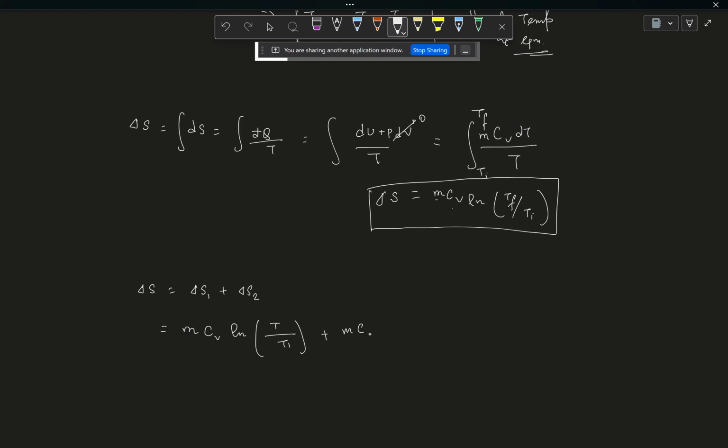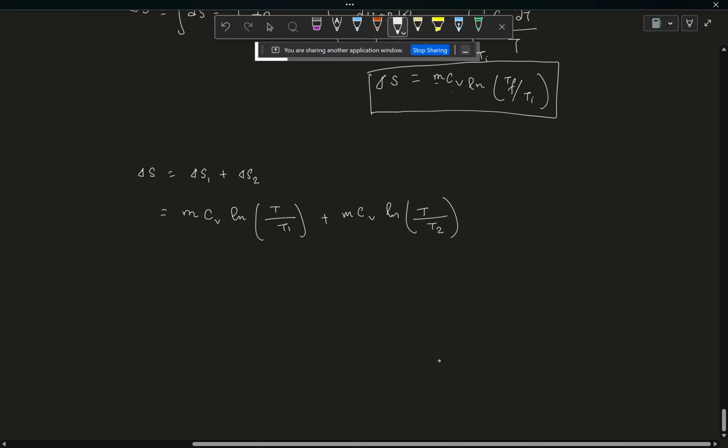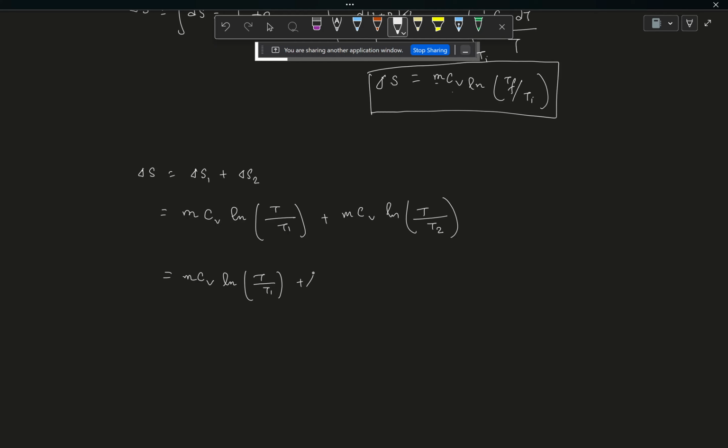Now for the second body, mass and heat capacity are identical, so m Cv. The final temperature is also identical, T, but the initial temperature is different, which is T2. So if you further simplify and take common m Cv, then this is ln of T by T1 plus ln of T by T2.